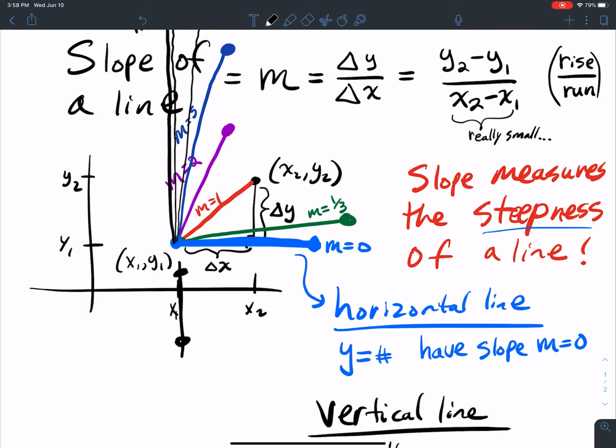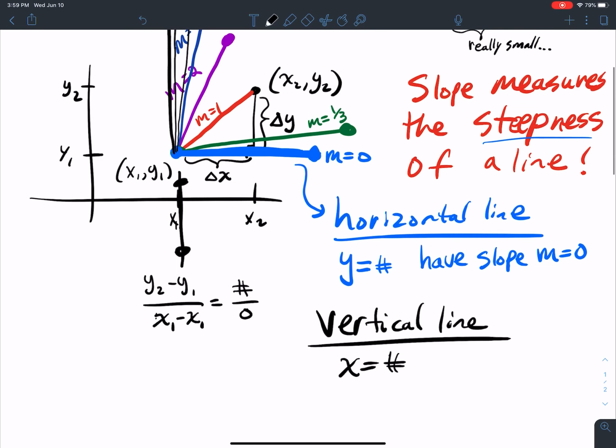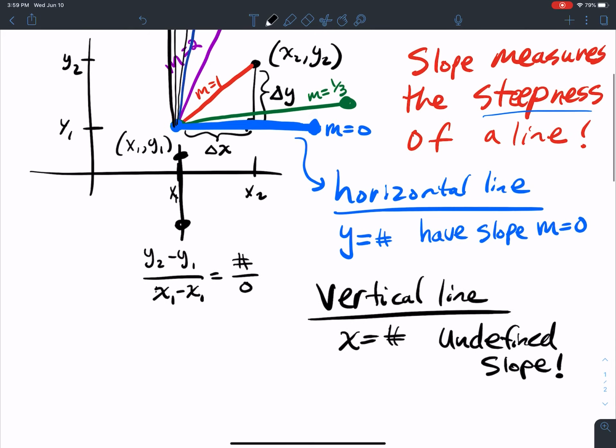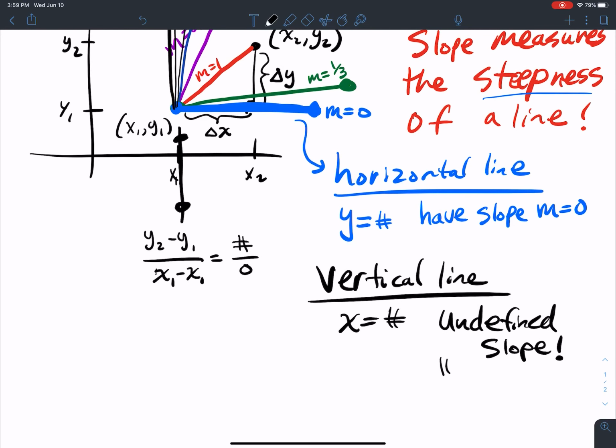Whatever y2 minus y1 we have, you're going to have x1 minus x1, which gets you some number divided by 0. And that is undefined. The slope for a vertical line is undefined. So you see something of the form a number divided by 0. That's the slope of a vertical line.